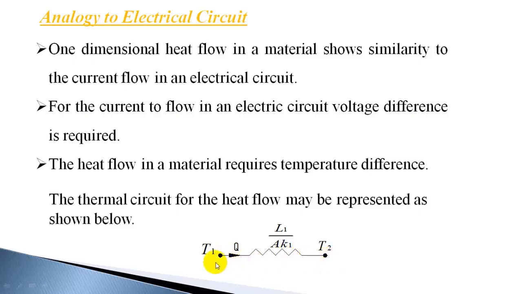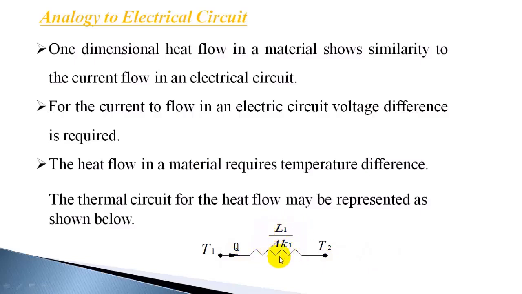Temperature on either side, T1 and T2, and L by AK of that material. So here I put it as L1 by A1 K1, you can write if area is also different. So L by AK of that material, the temperature difference divided by L by AK will give Q. Similar to voltage difference divided by resistance gives current in the circuit, we have temperature difference divided by thermal resistance.